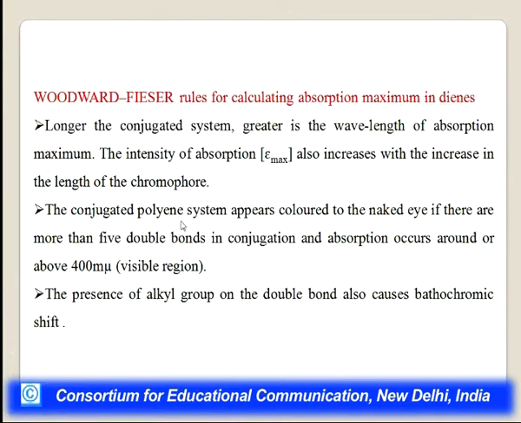The conjugated polyene system appears colored to the naked eye if there are more than 5 double bonds in conjugation, and absorption occurs around or above 400 millimicron, that is, within the visible region. The presence of an alkyl group on the double bond also causes a bathochromic shift.